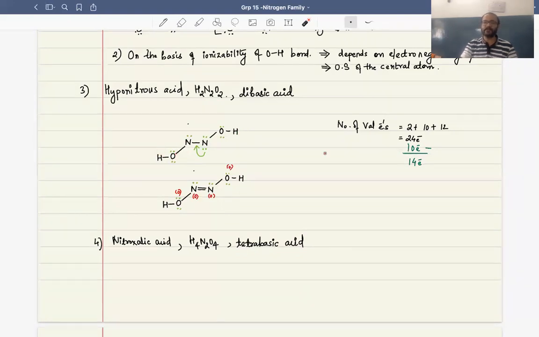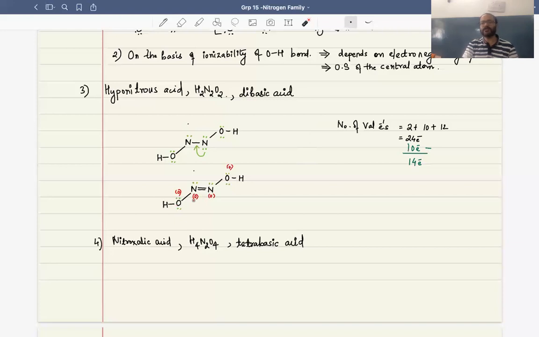Next, after putting in 1, 2, 3, 4, 5 bond pairs, meaning 10 electrons, after subtracting them we are left with 14 electrons. I arranged them around the oxygen and then around the nitrogen, and I found that this particular nitrogen atom does not have an octet, so I transferred this electron pair, and we got this particular structure.